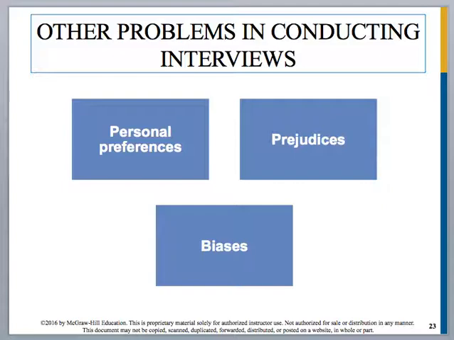If all of a sudden I start to pick up on whether or not I think that you are a member of the LGBTQ community, I may be prejudiced about that, and so that can actually have a negative influence on the interview. And those are all red flags. Those are all no-nos, and it happens so often.